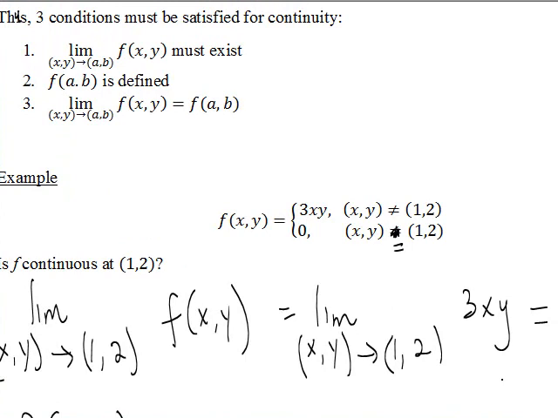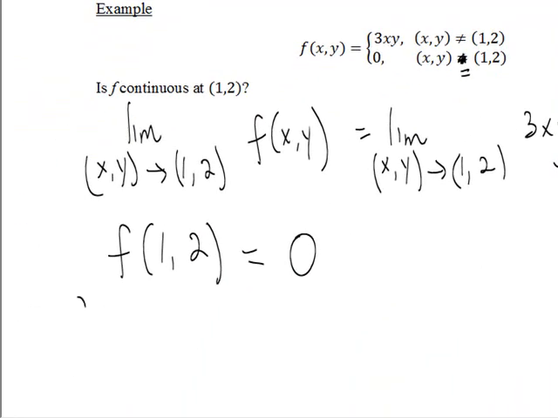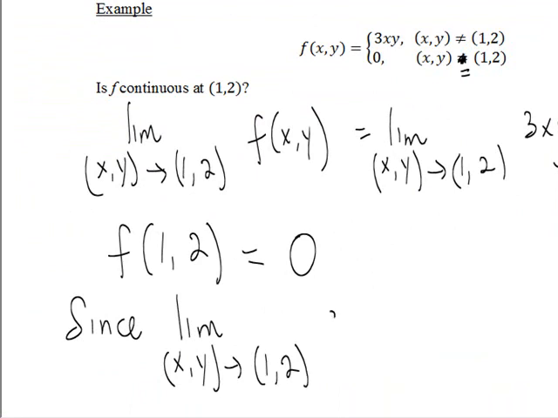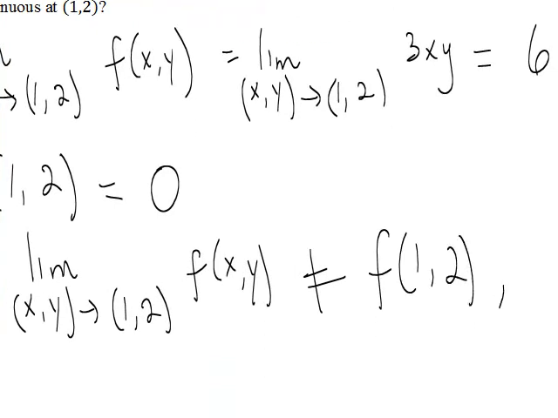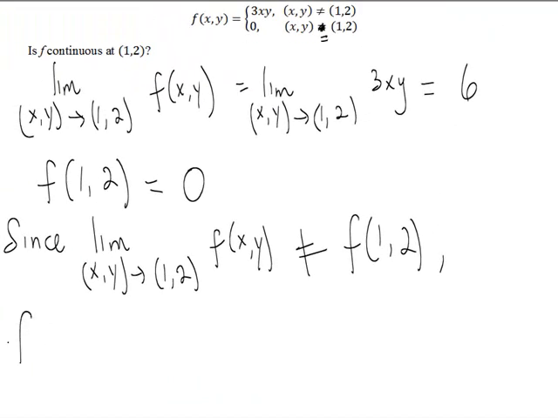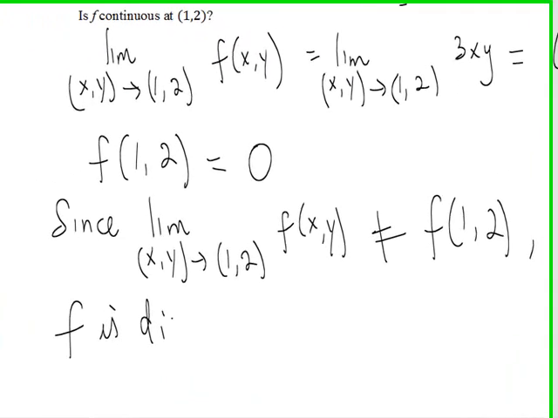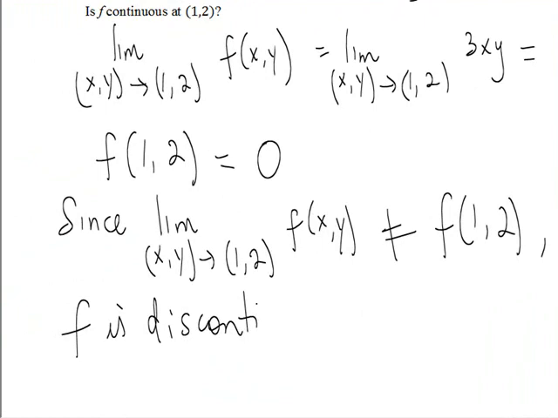So since the limit as (x,y) approaches (1,2) of f of (x,y) is not equal to f of (1,2), f is discontinuous at (1,2).